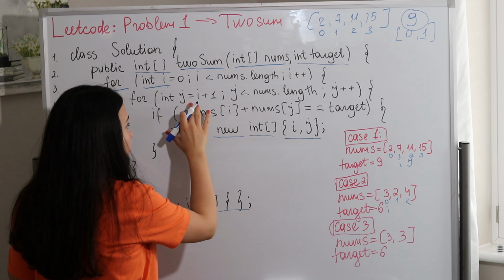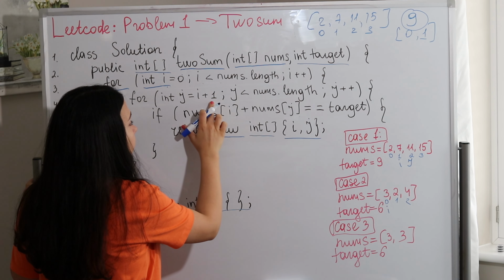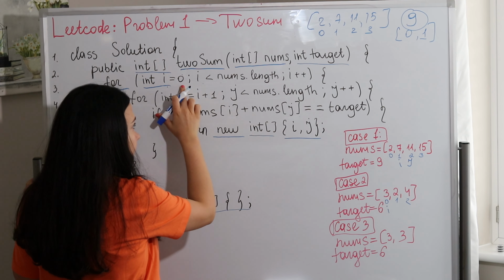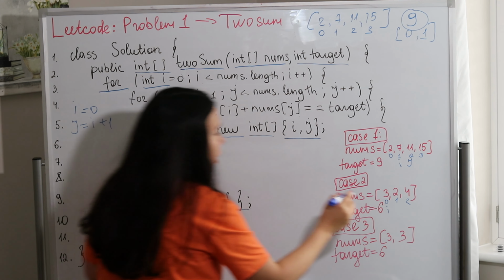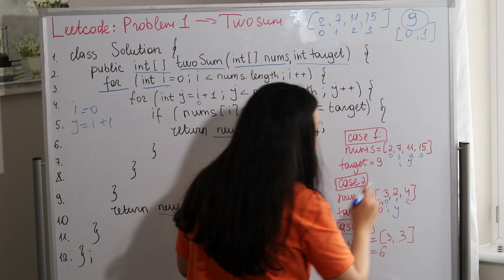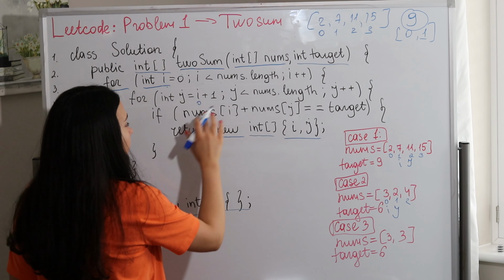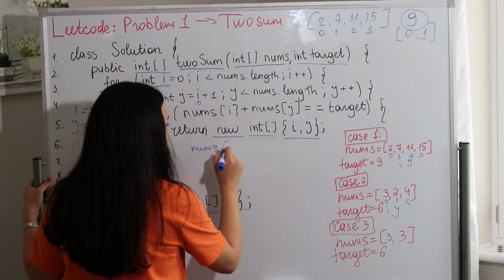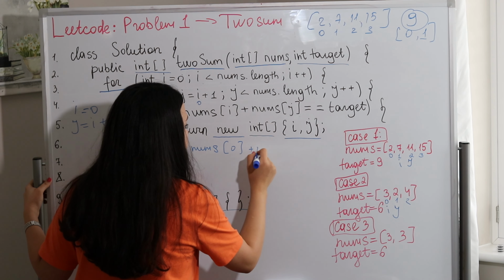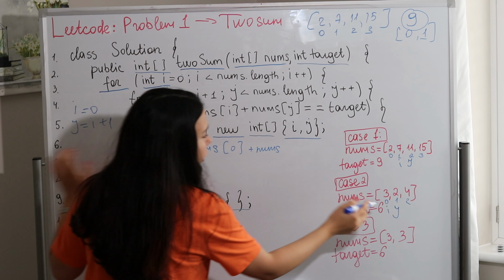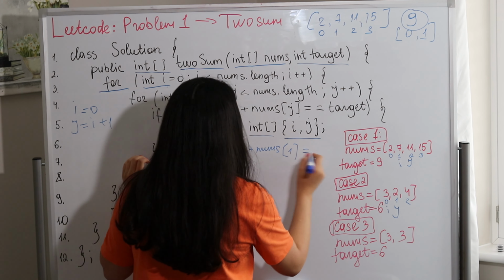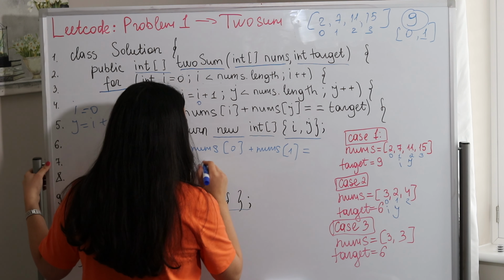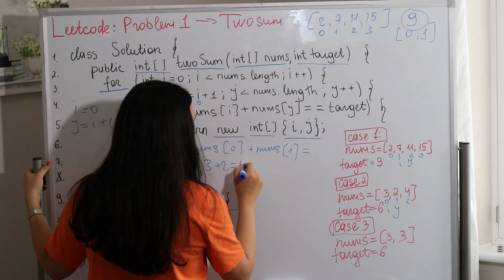For the nested loop, our j is index 1 because i is 0. We add 0 to 1 and we get j, which is index 1. It is 2 in this specific iteration. nums i, nums 0, plus nums j, which is 1, as we see here, right? That's our formula. We get 3 plus 2 equals 5.